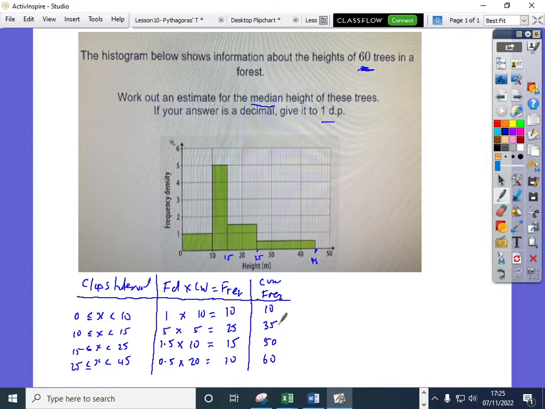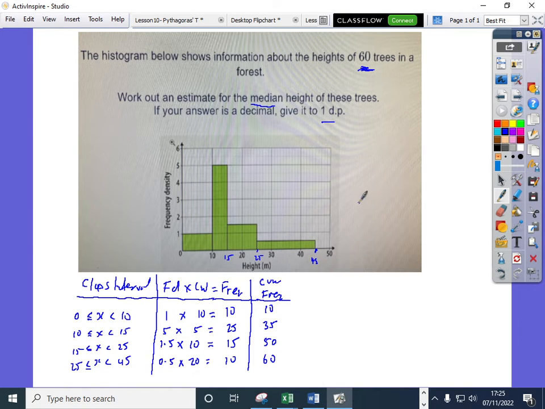Okay. Now, if we want to know the median, we want to know where the middle value is. Technically we should do 60 plus 1, divided by 2.